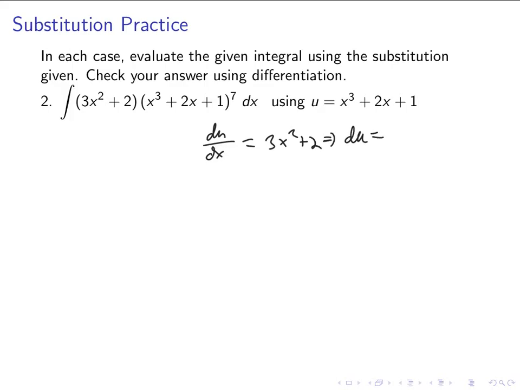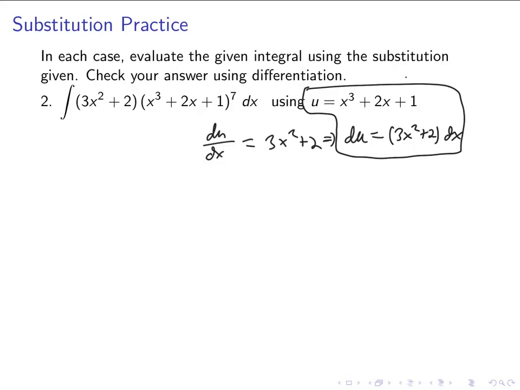So moving this dx over to the other side, I'll have that. So let me make it a box. So in the box, I have my relationship between x's and u's and dx's and du's.